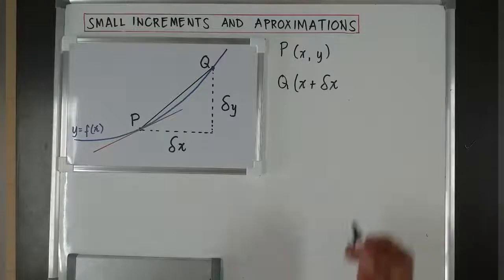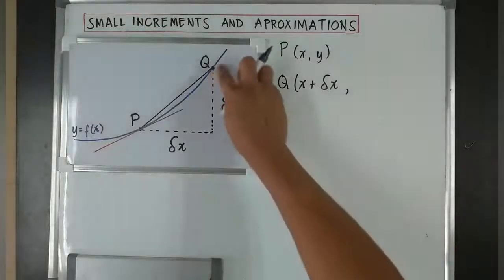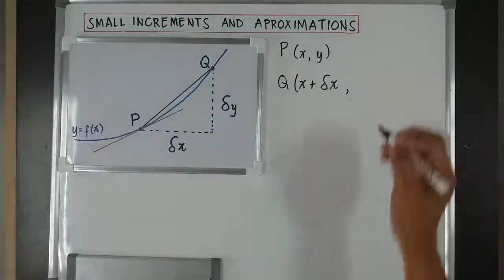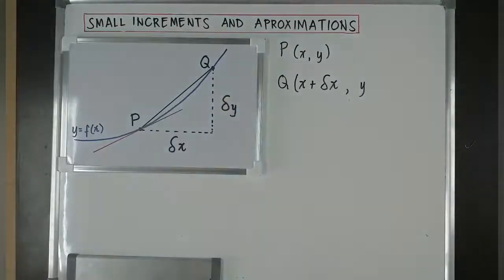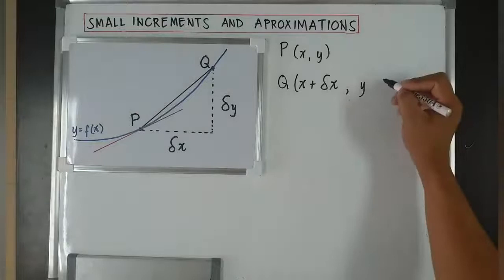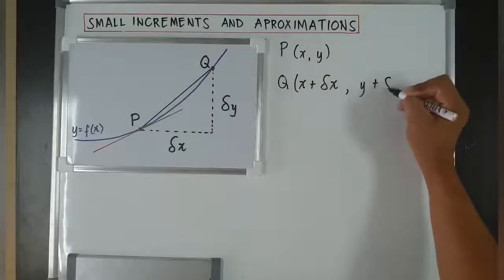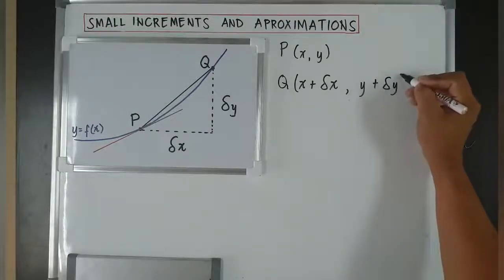Then, the y coordinate of Q will be y, then you add the small increment in y, plus a small increment of y.